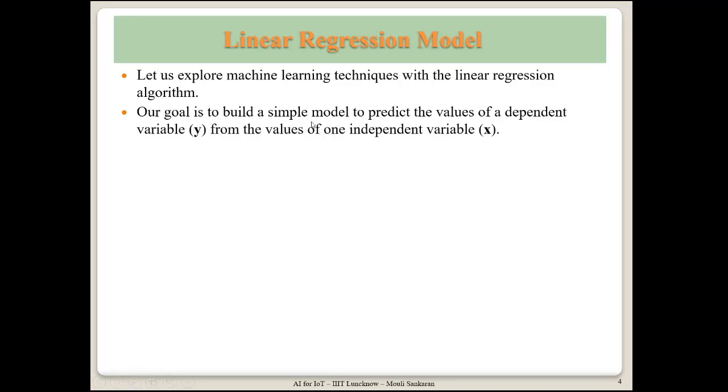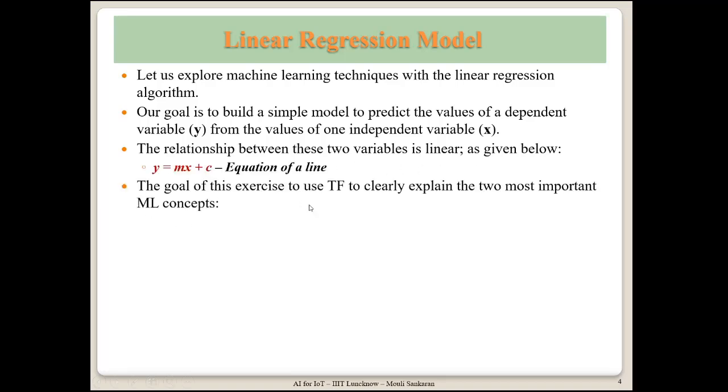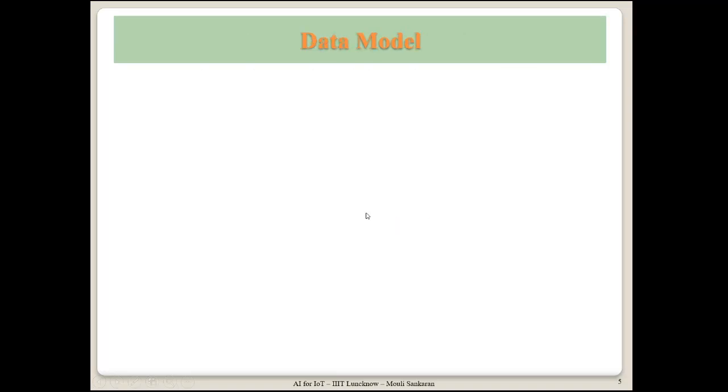Our goal is to build a simple model to predict the values of the dependent variable, which is y, from the values of one independent variable, which is x. The relationship between these two variables is linear. The goal of this exercise is to use TF, not Keras or any other API. We are going to use TensorFlow to understand two most important concepts: the loss function, or cost function, and the gradient descent algorithm.